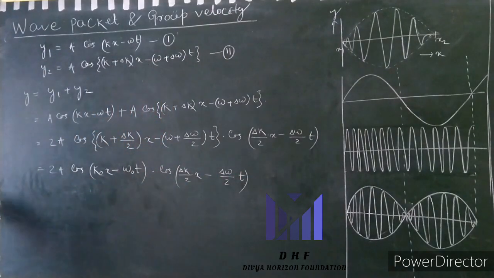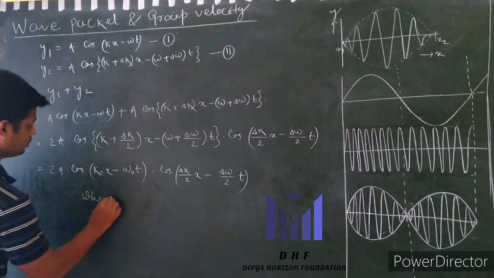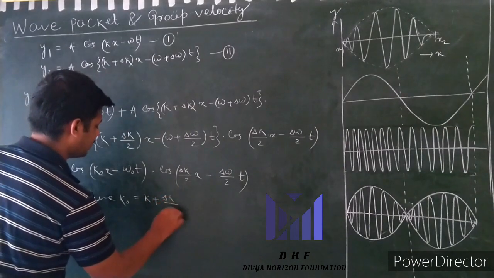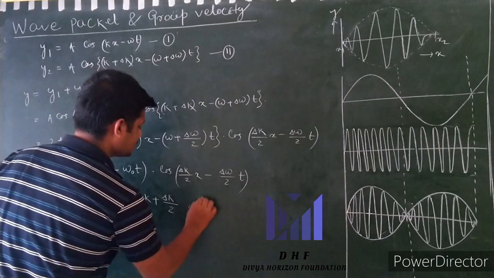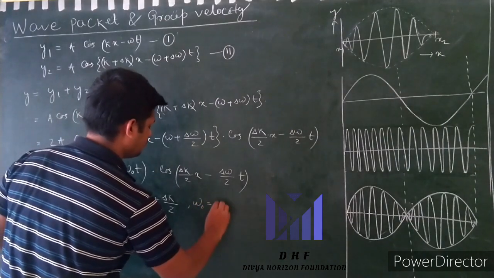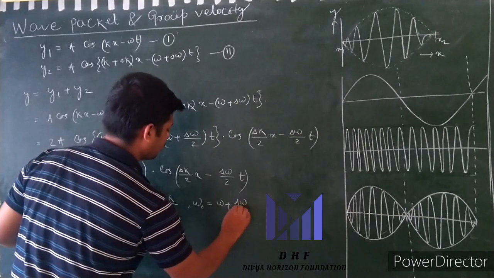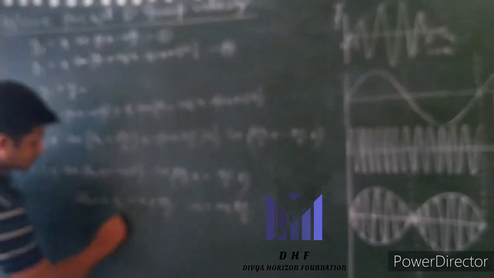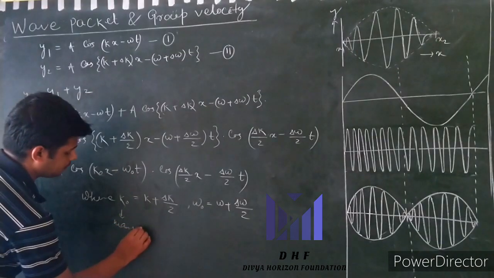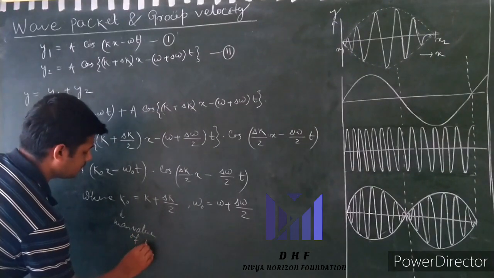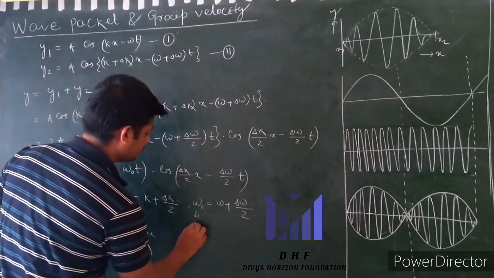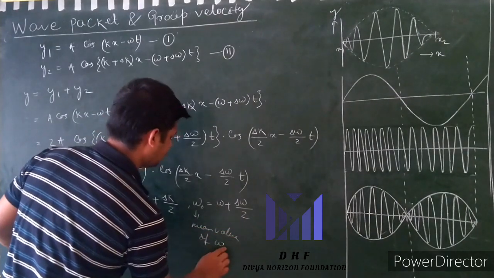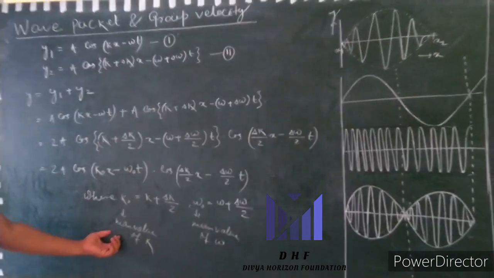Here k0 is k plus del k by 2, and omega0 is omega plus del omega by 2. Here k0 is called the mean value of k, and omega0 is the mean value of omega. So why is k0 called the mean value of k?